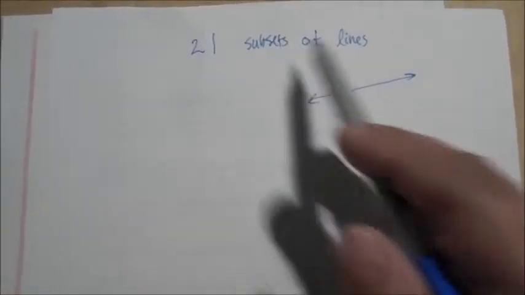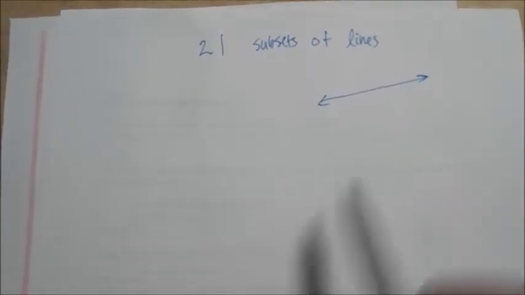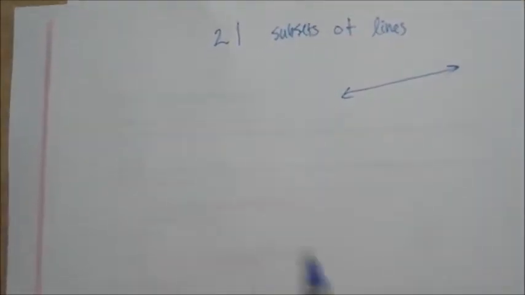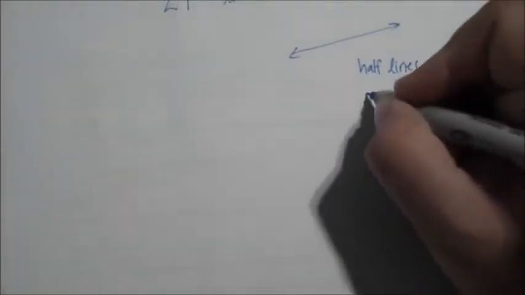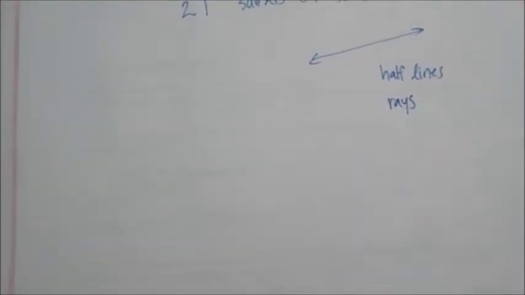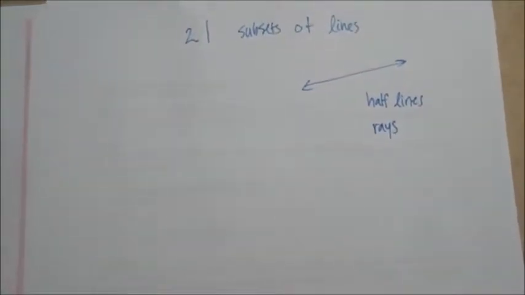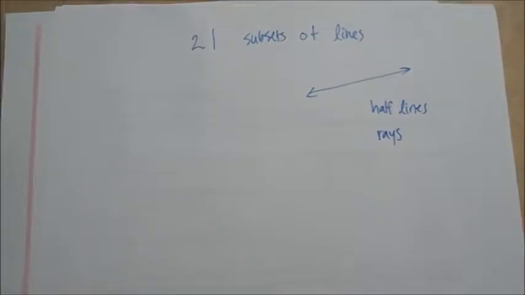So if we're going to take a subset, it means we're going to take a part of a line. So the parts of a line that we're going to talk about today are going to be called half lines and rays. I could take 10 seconds and explain this to you.